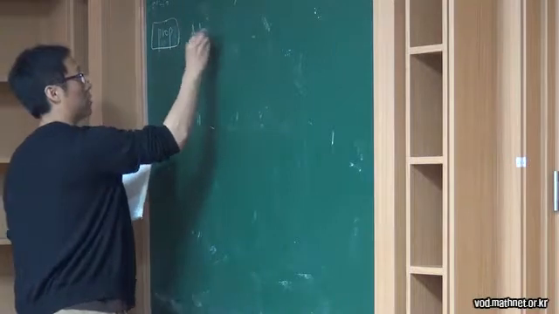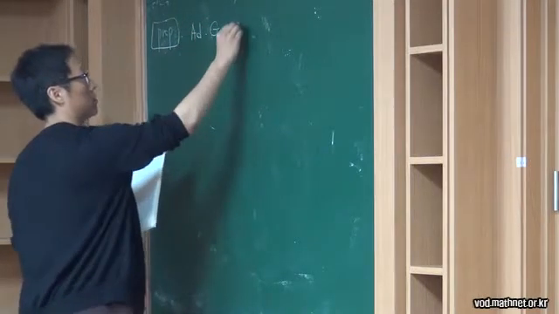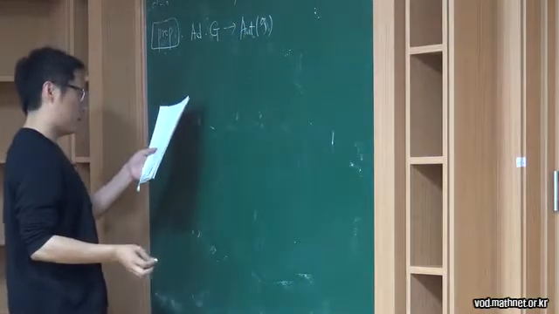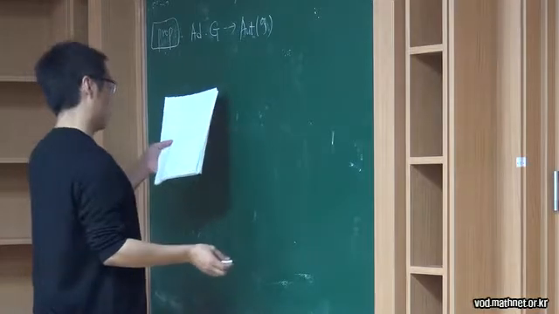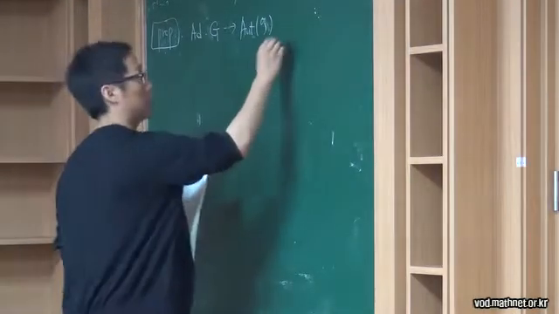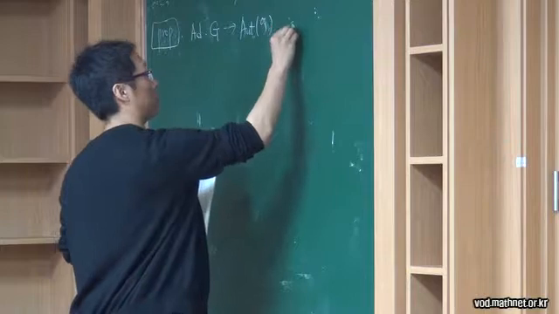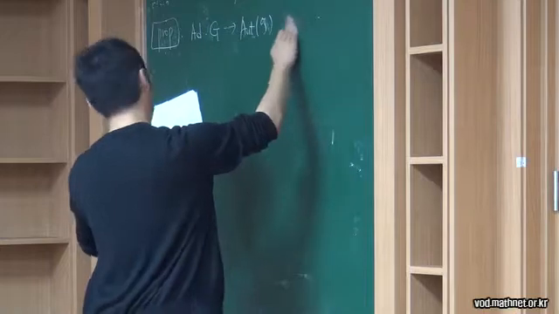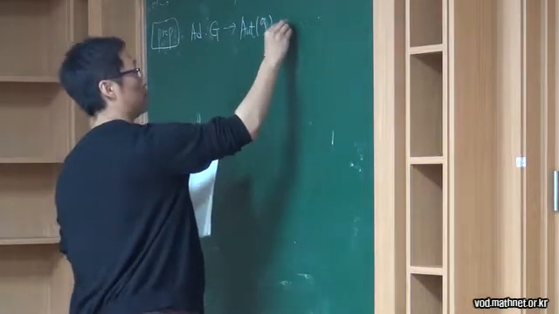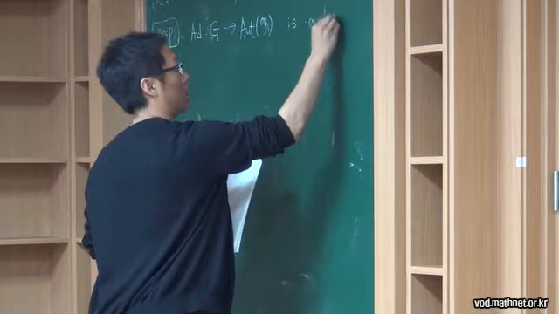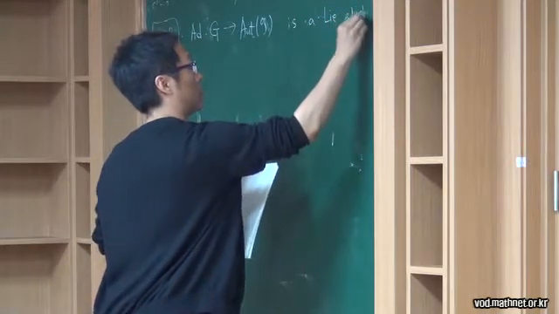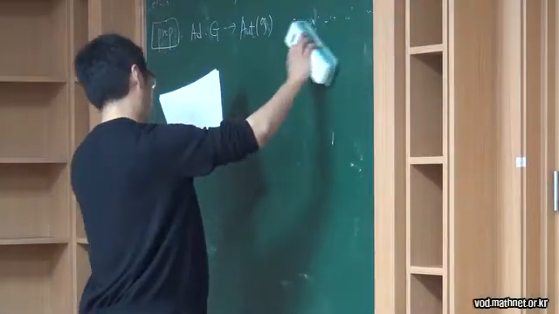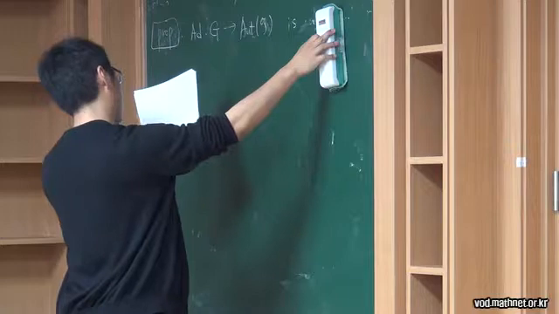The adjoint representation is a Lie algebra homomorphism. I'm sorry, the group homomorphism. Yes.